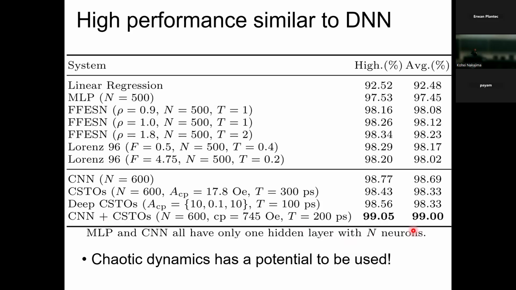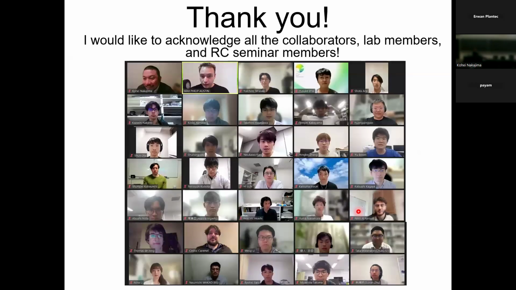Then it showed 99% performance on this MNIST task. So somehow we achieved state-of-the-art machine learning network performance by using spin-torque oscillators. So in our approach, chaotic dynamics has a potential to be used.